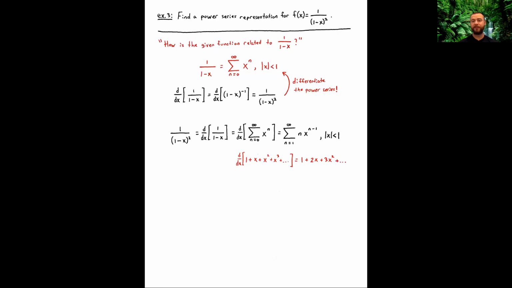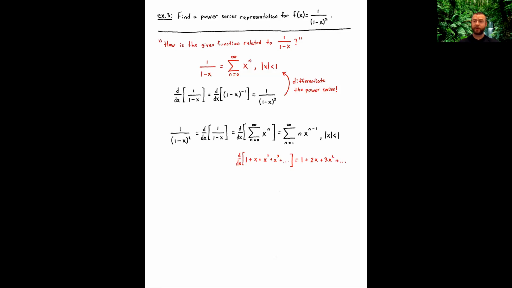The only thing that's probably a little confusing here is in order for this summation formula to work, where the term is n times x to the n minus 1, we have to start the index no longer at n equals 0, but at n equals 1. And again, in red right below there, you might be able to convince yourself why there's some kind of coefficients that no longer match the exponents.